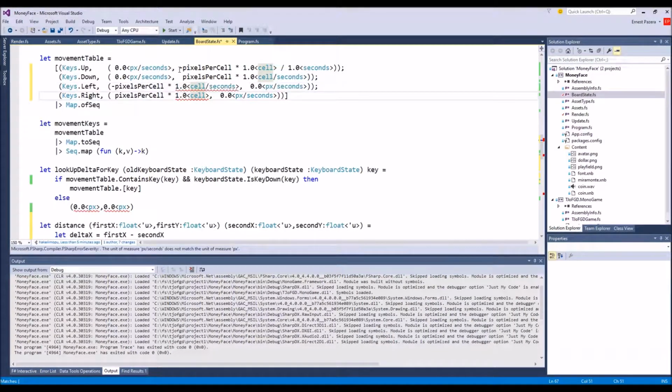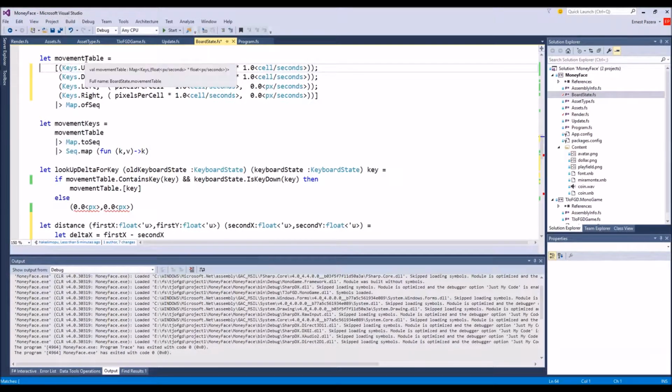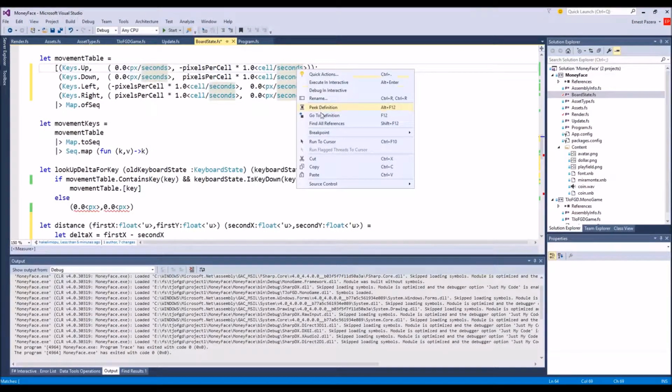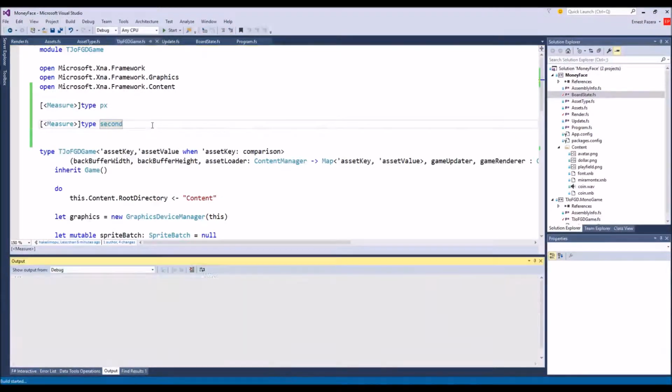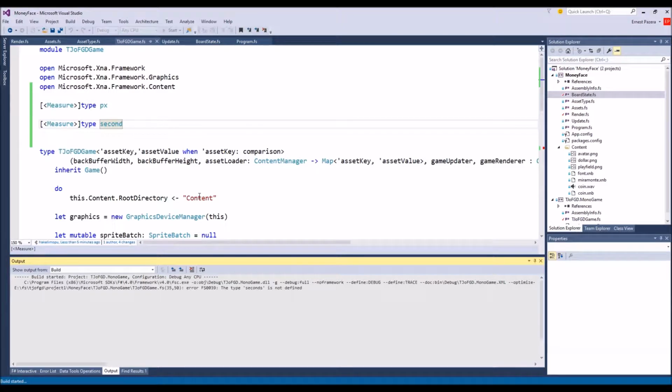And so cell per second. So this should work. So then, movement table, pixels per seconds. And we're going to go to the definition, and we're going to change it to second. And what we're going to do is fix all the places where it's broken.